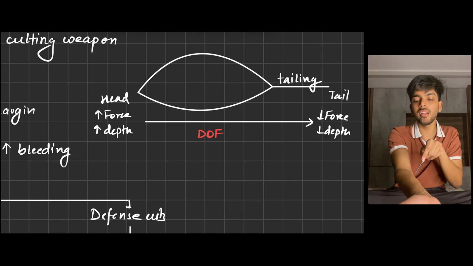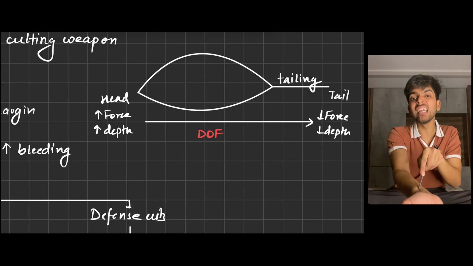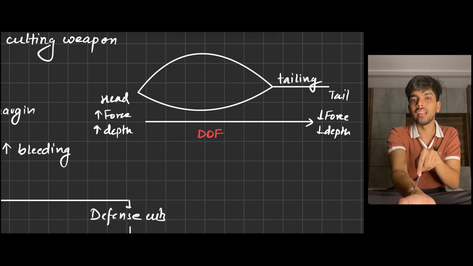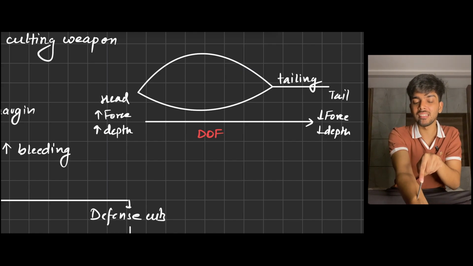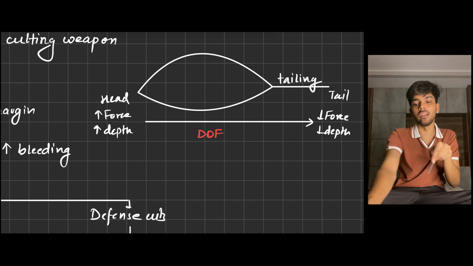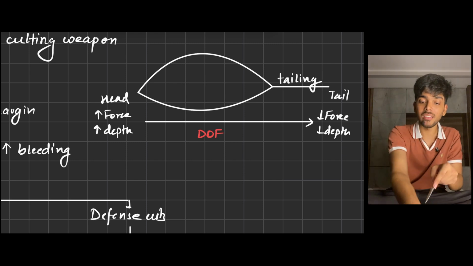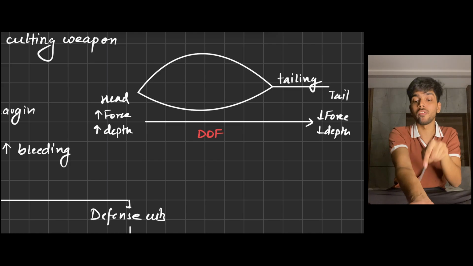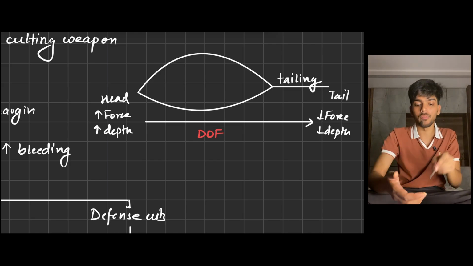As the weapon is lifted, the depth of the incision decreases. First, high force, large depth. Then the weapon is lifted up, the force decreases, the depth also decreases, and tailing occurs. That is why the direction of the force is from head to tail, from more depth to less depth.